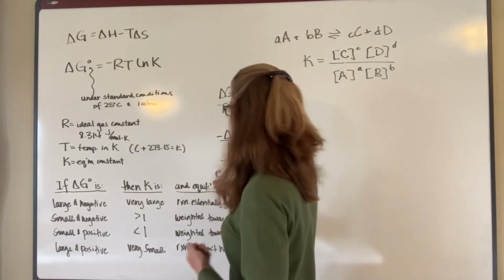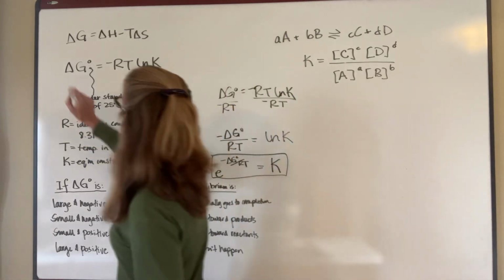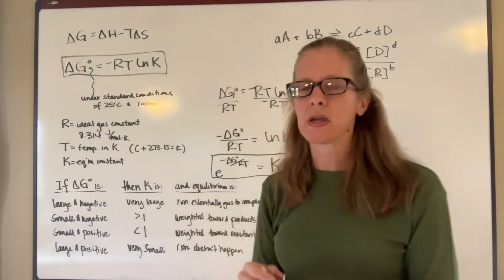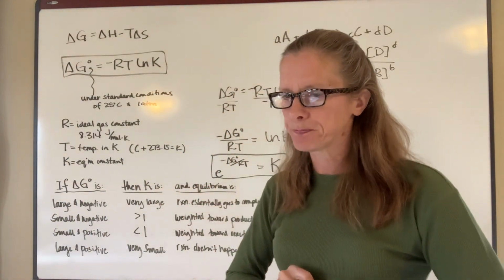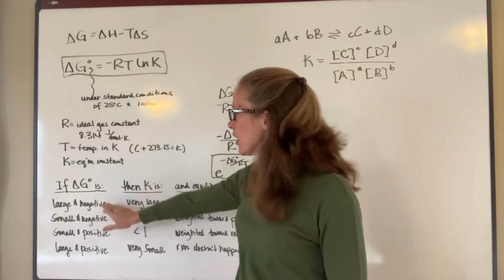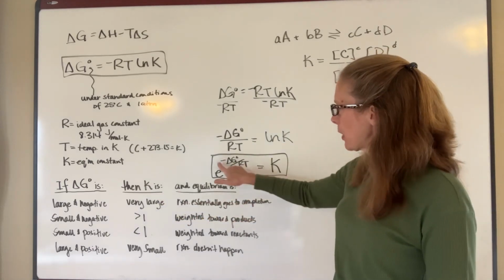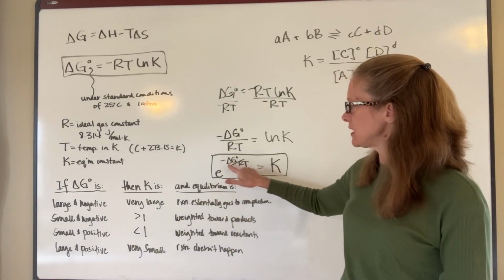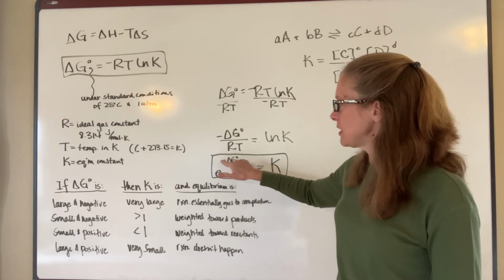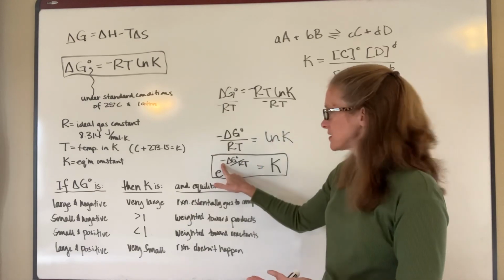The important thing to remember is what the effects of this are. So I'm going to actually box those so that we can refer to them easily. If delta G is very big and very negative, okay, if you think about what happens if I put something in here that's negative, then it's going to be this negative times a negative delta G, which is going to turn positive.